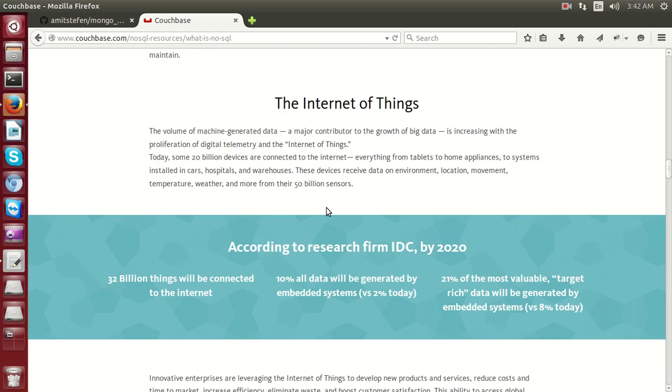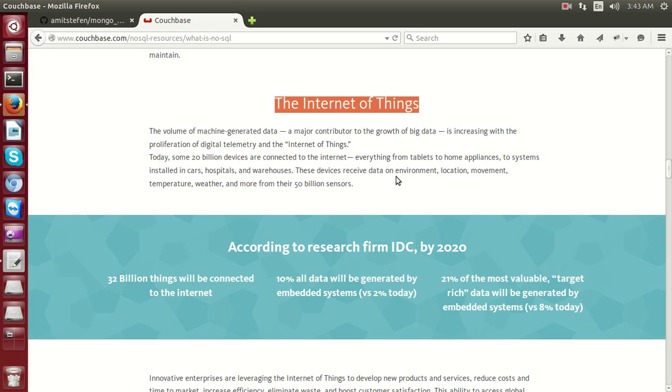Third one is obviously Internet of Things. Internet of Things means, say, your application is being accessed from a wide range of devices. Say people access it from desktop computers, laptops, mobile phones, iPads, and tablets as well. So your user base is huge, and since people are accessing it from so many devices, your data also grows every day.